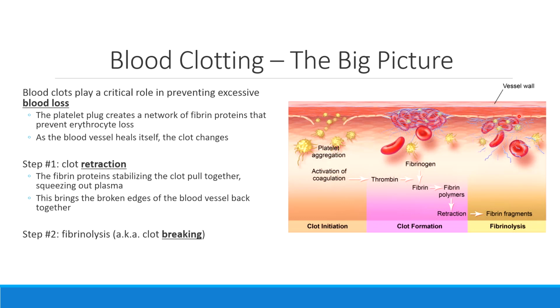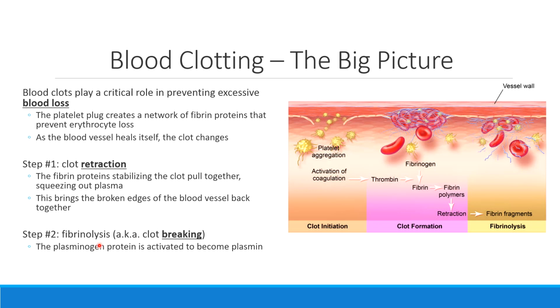But the second step, very important when we're thinking about blood clots, is what we call fibrinolysis. Fibrinolysis. Anytime we see lysis, we're thinking breaking. When we finish a reaction to stop blood clotting, when my blood vessel has healed itself, we have to break down fibrin so that we don't go make a blood clot somewhere else.